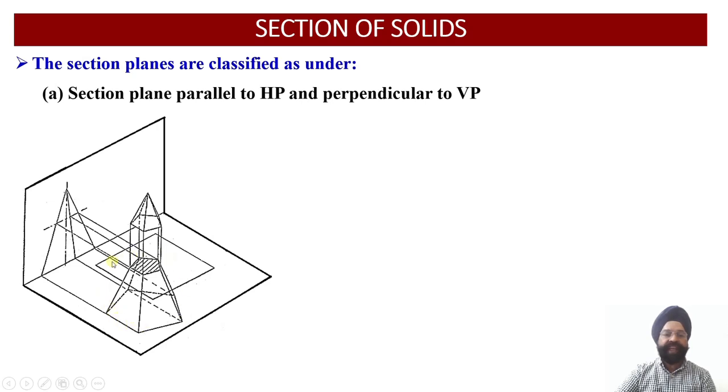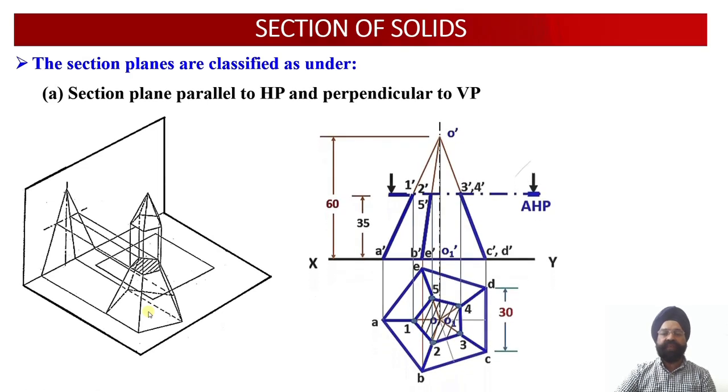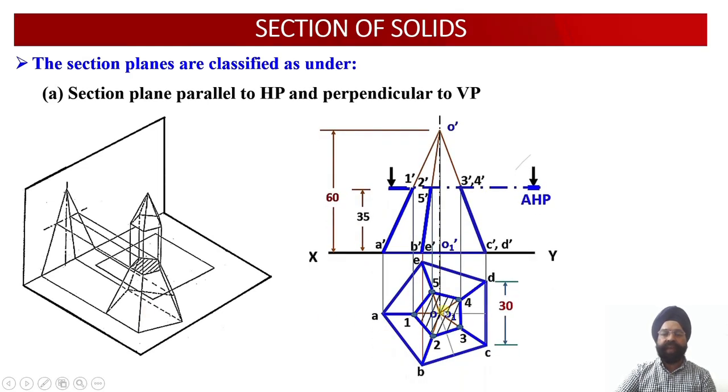That is, this will again be a frustum of the pentagonal pyramid, and the true shape of this cut section will be available in the top view on the horizontal plane. So this is what we are intending to get over here. We are going to discuss this entire problem in a while.